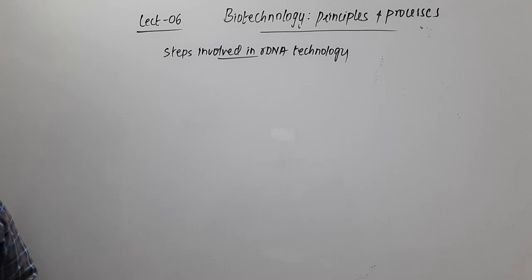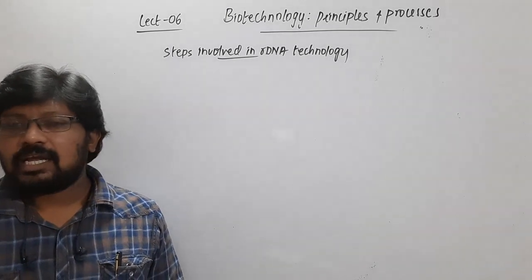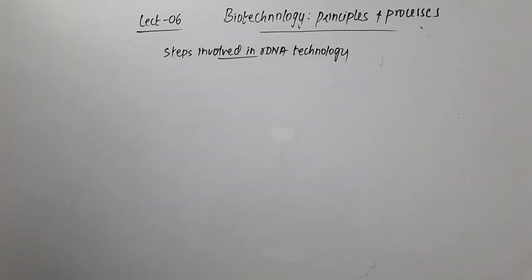In the last session, I gave you the various steps involved in rDNA technology, like isolation of the genetic material, then cutting the DNA at specific locations, then amplification of gene of interest using PCR.